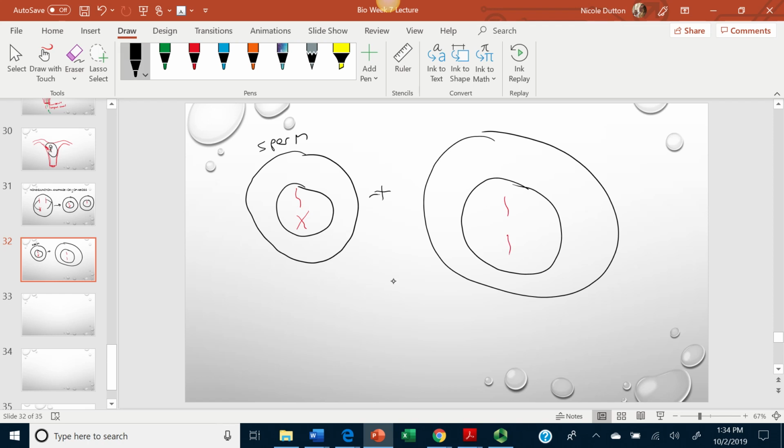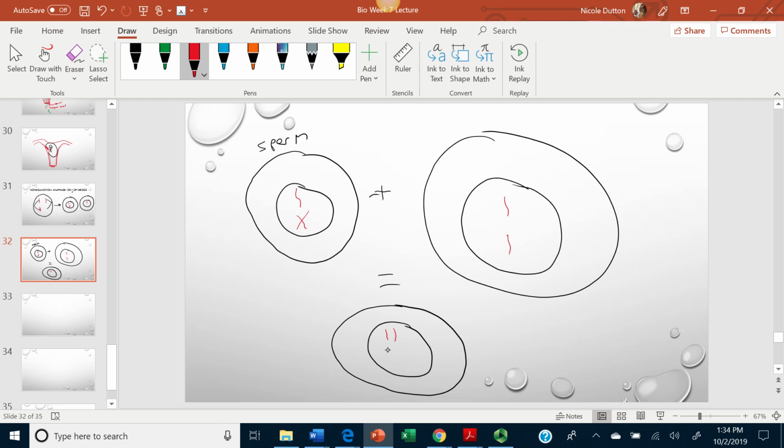When we combine those and produce offspring, at one chromosome location, we end up with 2 copies of the chromosome that's normal, which produces a diploid individual. But at the next location, chromosome 2, we actually end up with 3 copies of that chromosome. When we end up with 3 copies of a chromosome, this is referred to as a trisomy.